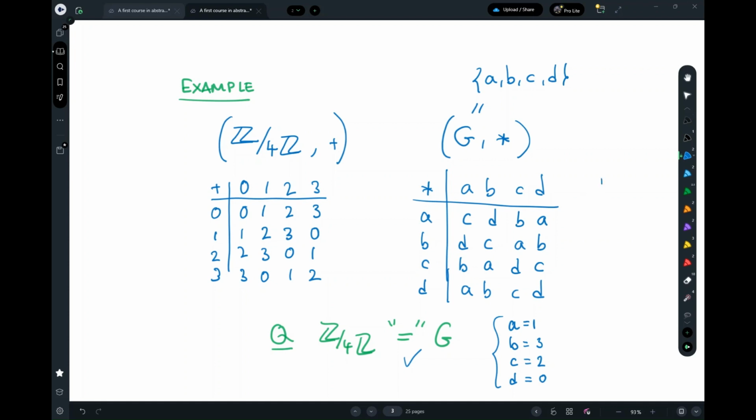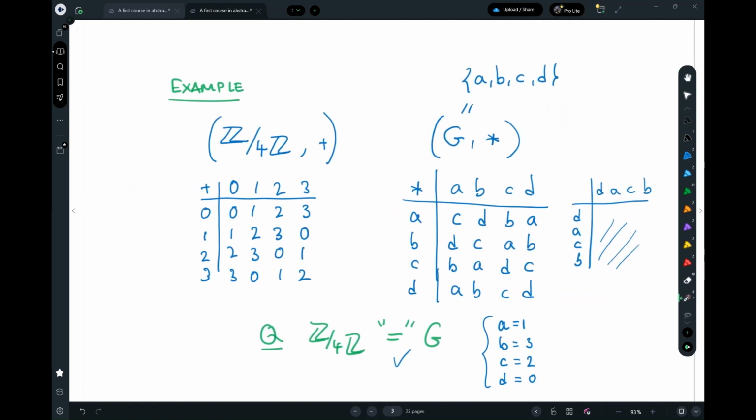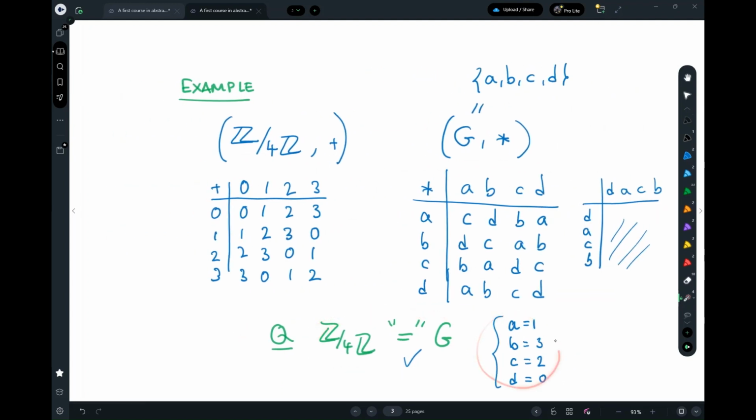So I would have to write my Cayley table starting with D, A, C, and B, and D, A, C, B. And then the Cayley table that is going to appear here is going to look exactly like the Cayley table that we have in here. And this is what's going to be called an isomorphism of groups. This that we have here with these choices, that's going to be an isomorphism of groups. Okay. But now, so these two are the same.